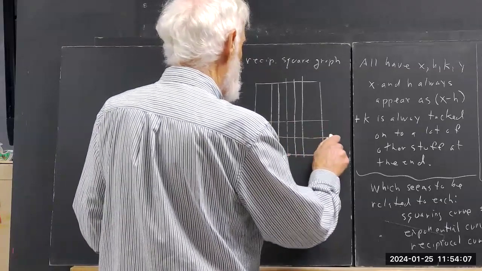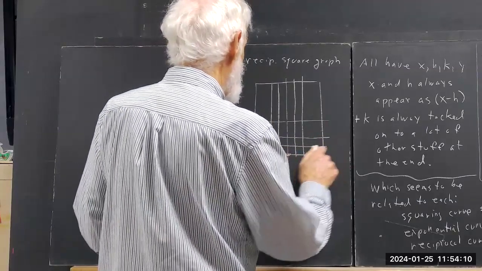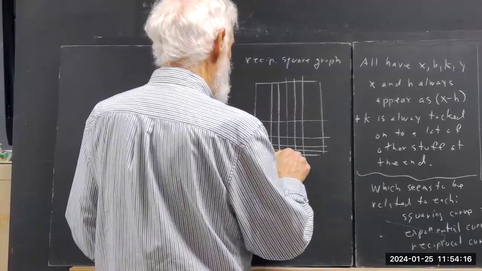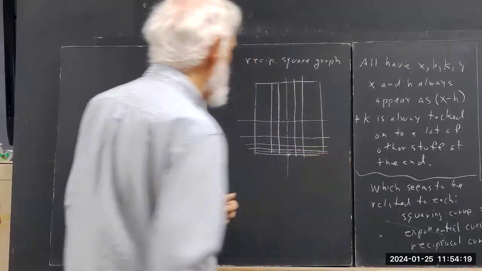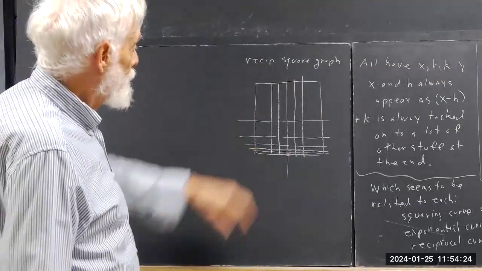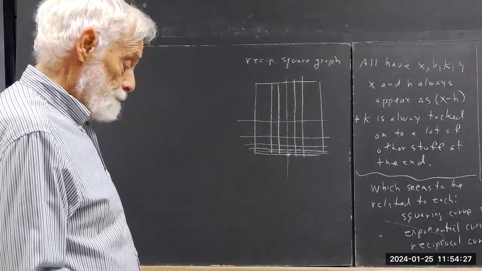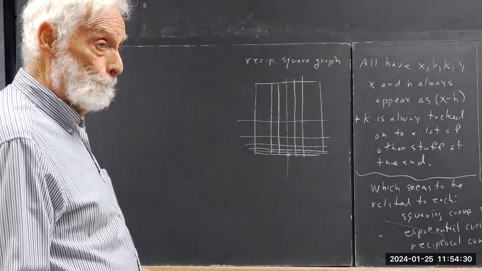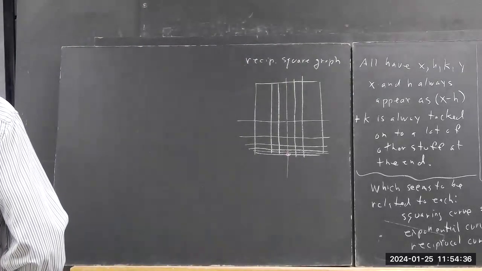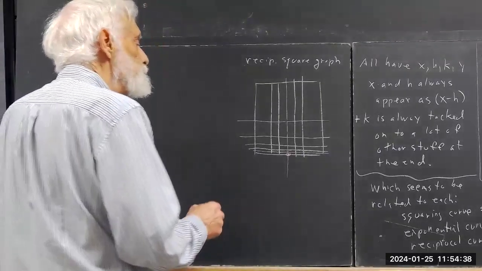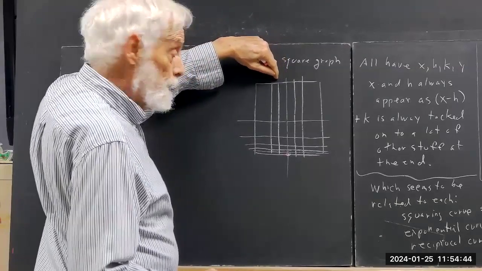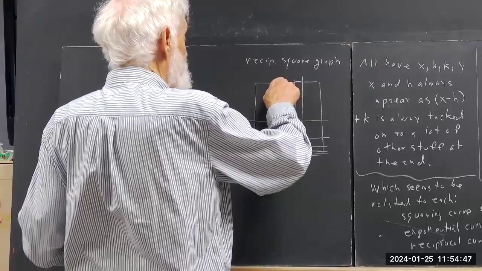So we get here, and then here, and then here, and then here. There are 1, 2, 3, 4, 5 lines inside the rectangle, and there are 5 lines here inside the rectangle. Then we start at the line to the left of the center line at the upper edge.